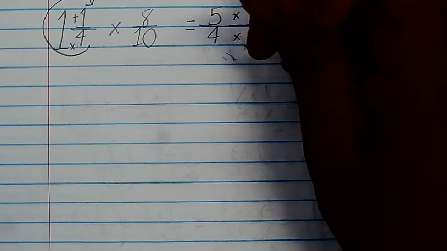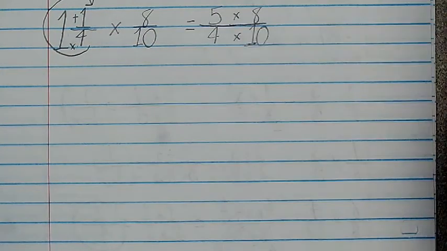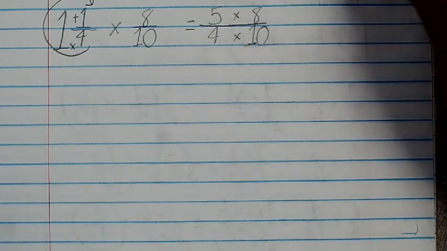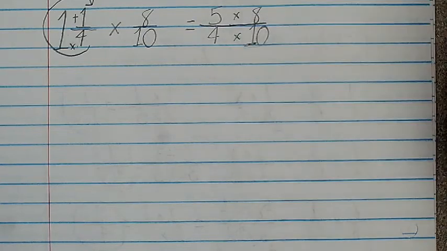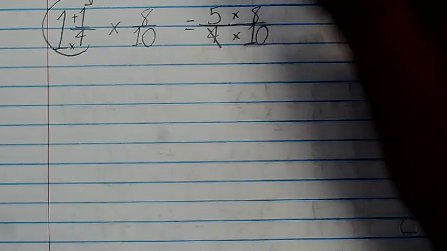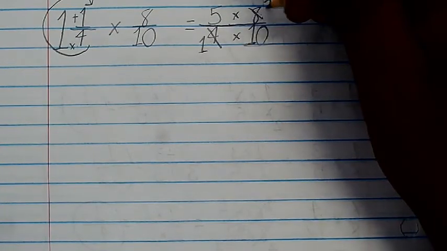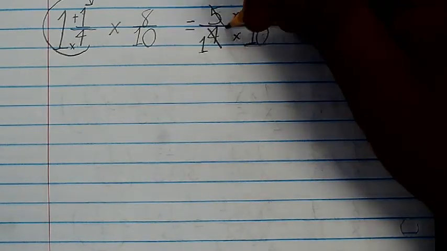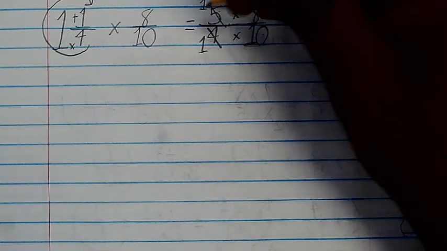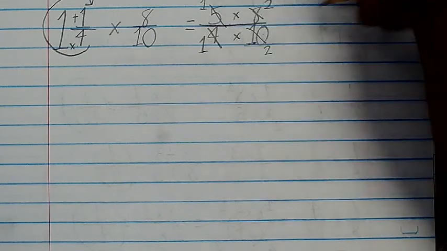All right. So now I'm going to look to simplify denominator and numerator. Of course, 4 and 8 are multiples of 4, so I can simplify that. This is 1, and this will be 2. 5 and 10 are multiples of 5, so I can simplify those. That's 1, and this is 2.